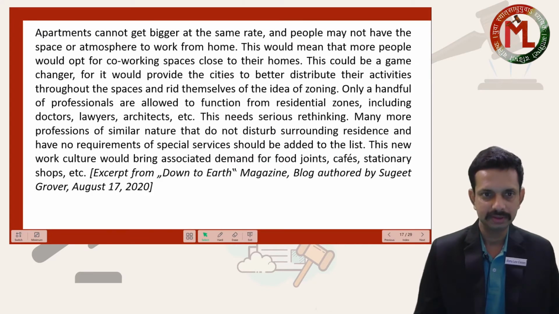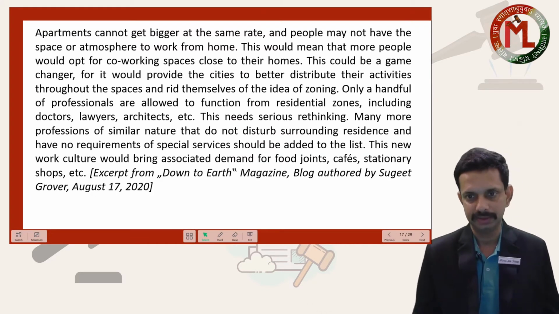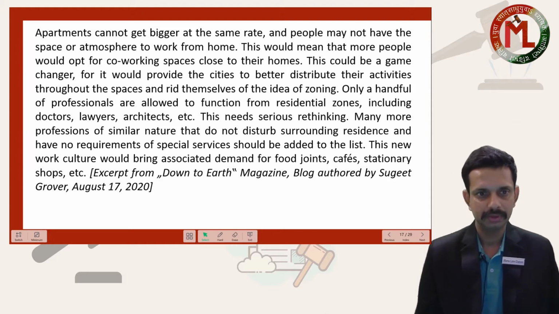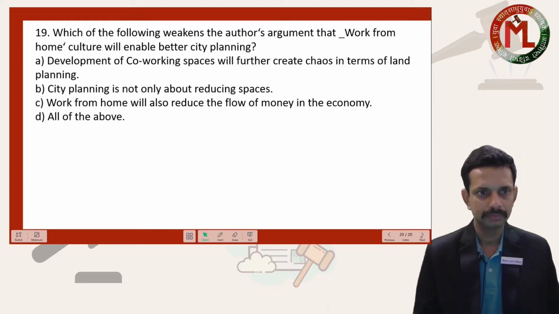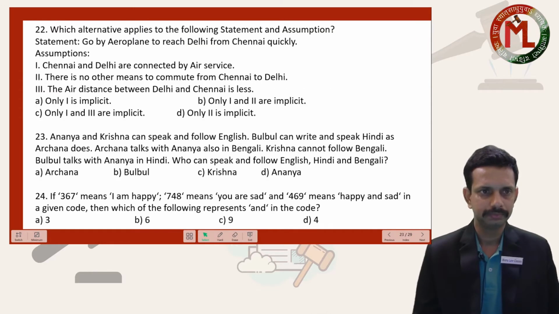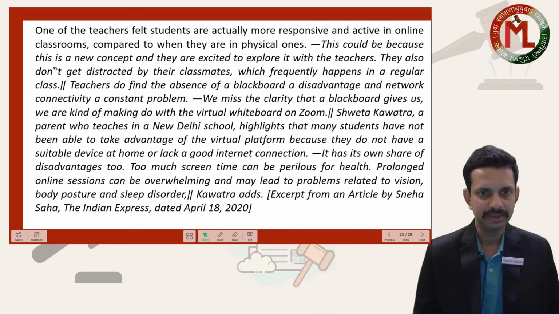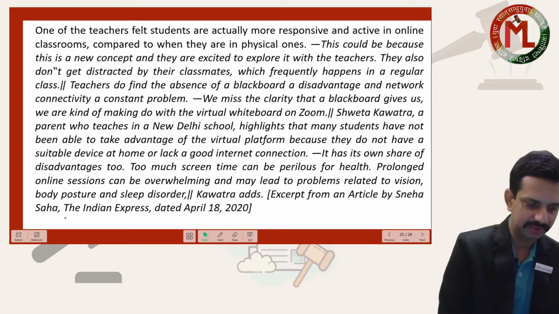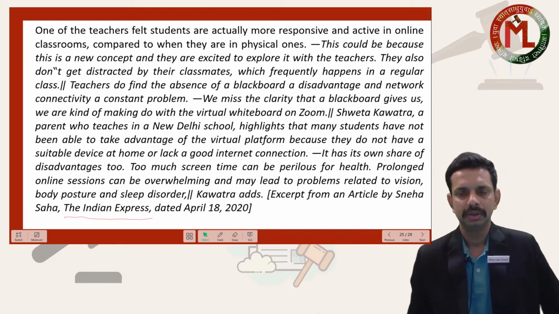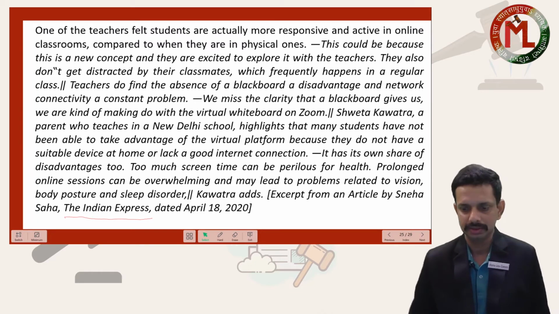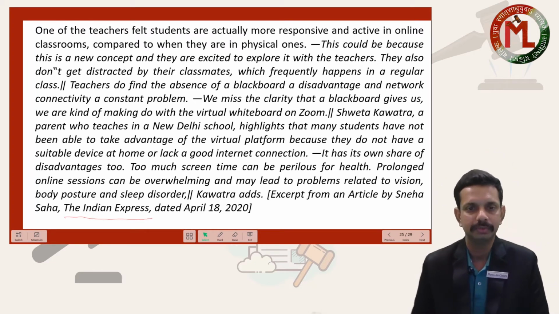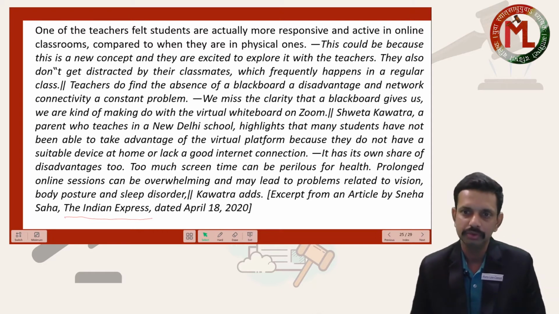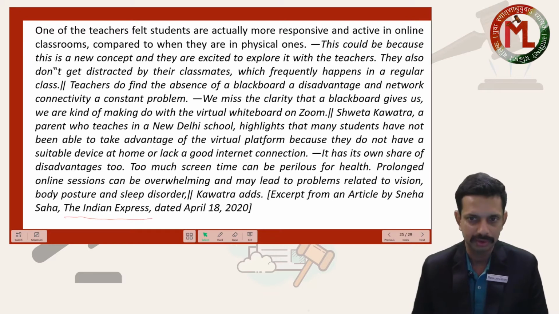Fourth passage is from Down to Earth magazine, right? And the last passage is again from the Indian Express. So if we consider these choices, out of these 5 passages, 2 are from the Indian Express, 1 from the Hindu, 1 from the Times of India, and one from the Down to Earth.